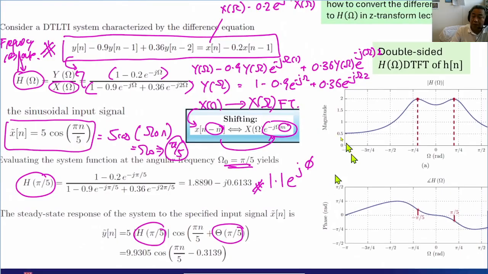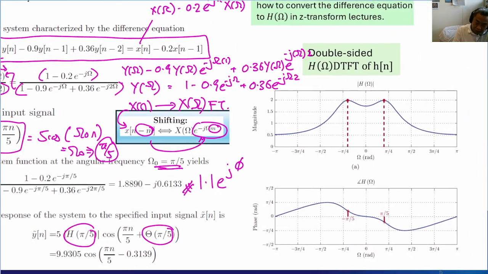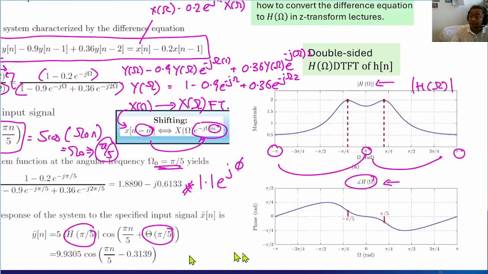But look at this. We can take this expression h of omega and plot for 0 to pi, 0 to minus pi for h of omega, and we take the absolute, this is the absolute, and we take the phase, this is the phase.